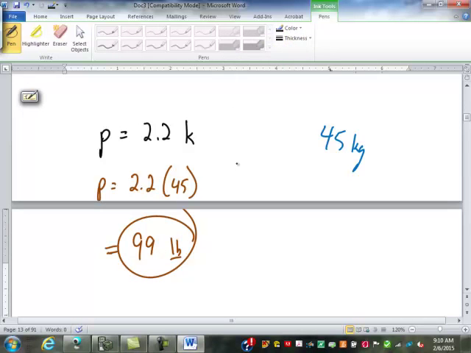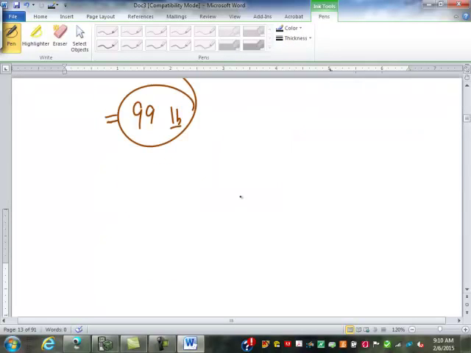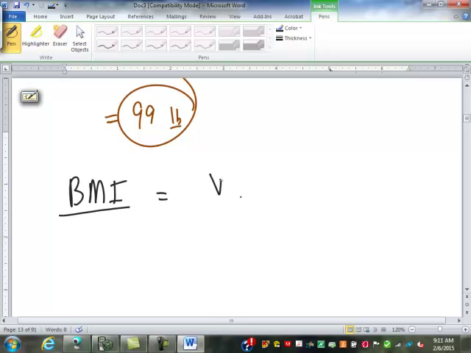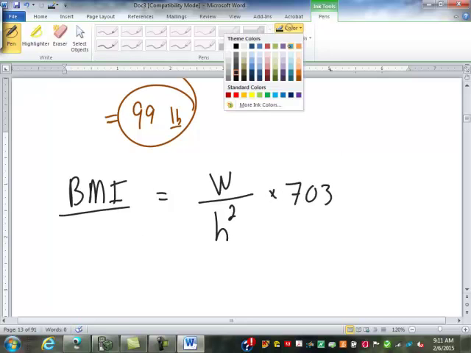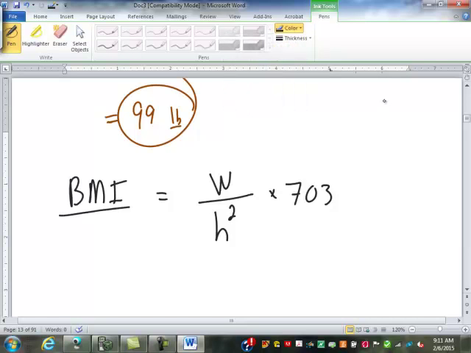Or a little bit more complex equation, body mass index. Your body mass index is equal to your weight divided by your height squared times 703. Now your weight is going to be given in pounds. Your height is going to be given in inches.